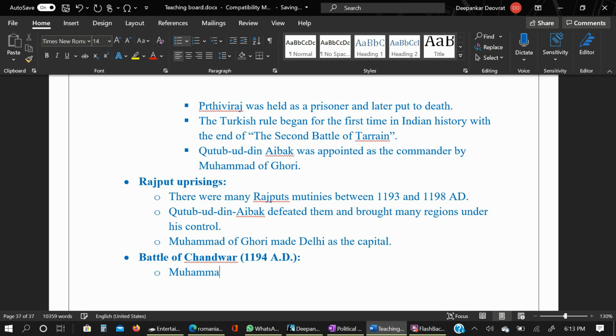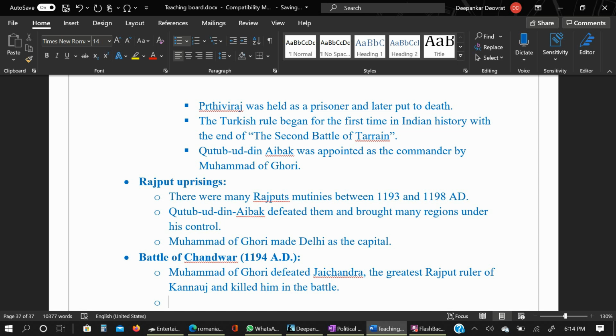So Muhammad of Ghori defeated Jayachandra, the greatest Rajput ruler of Kannauj, and killed him in the battle. Then the conquest of Bengal and Bihar happened.